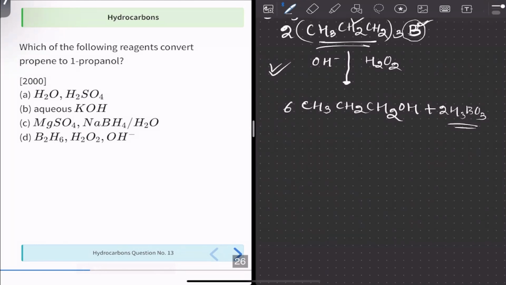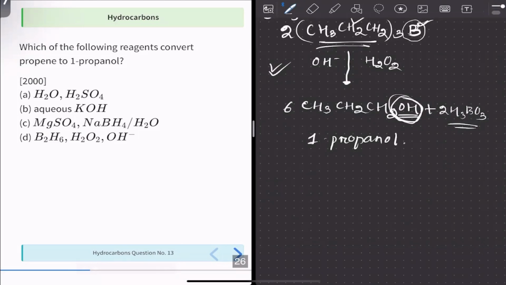The hydroxy group is present at the anti-Markovnikov position, the less substituted carbon atom. For the first three reagents there will be a Markovnikov product, but for B2H6, H2O2, OH minus there will be the anti-Markovnikov product. So option D will produce 1-propanol.